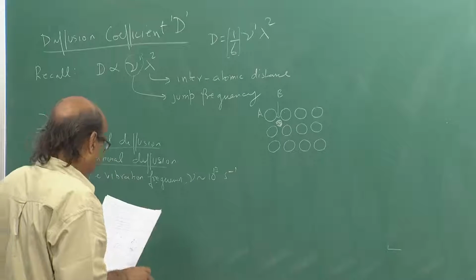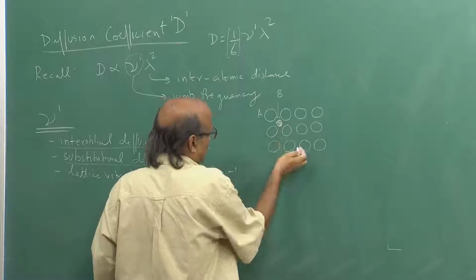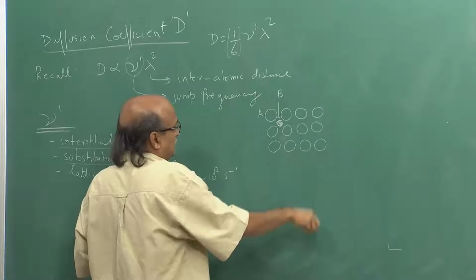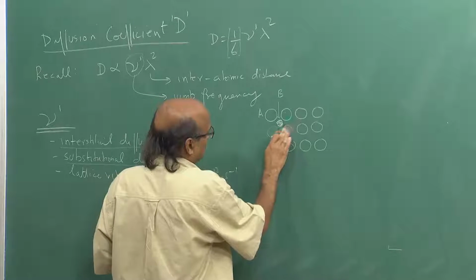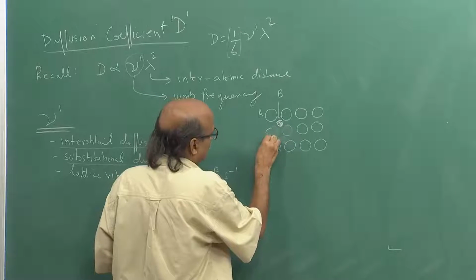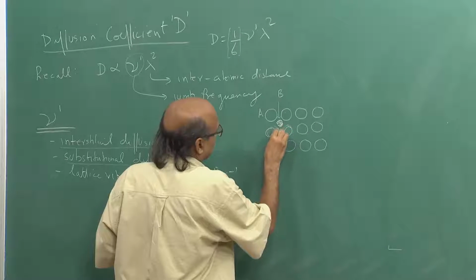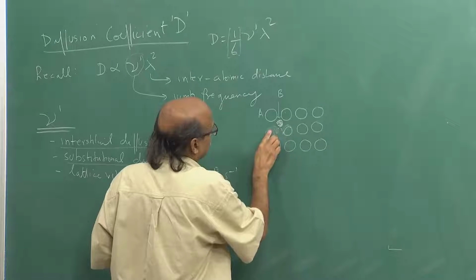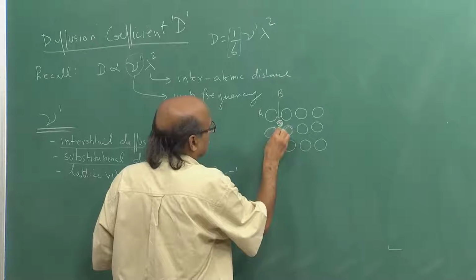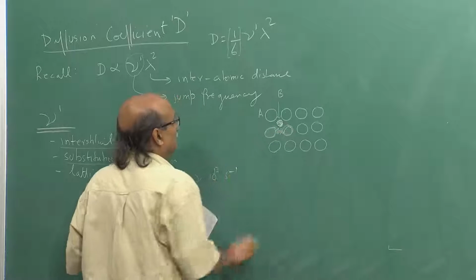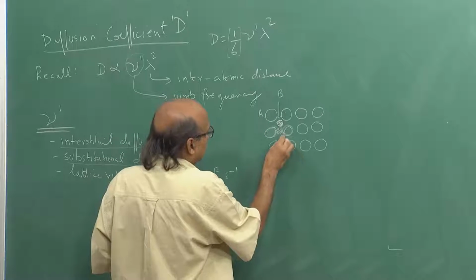So, one can imagine that in order for this to jump, there would be a position where these two atoms would be displaced and this atom would have come to this position and the next position would be that.